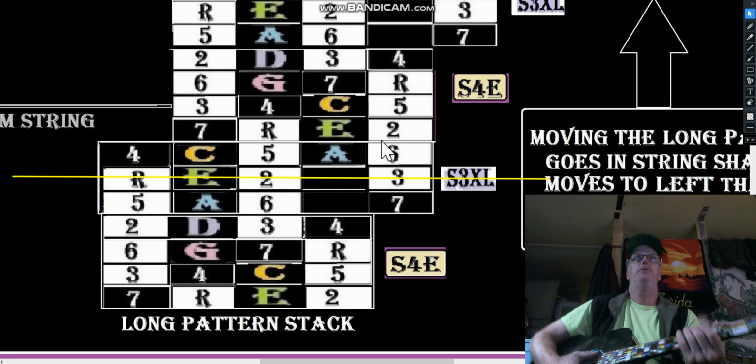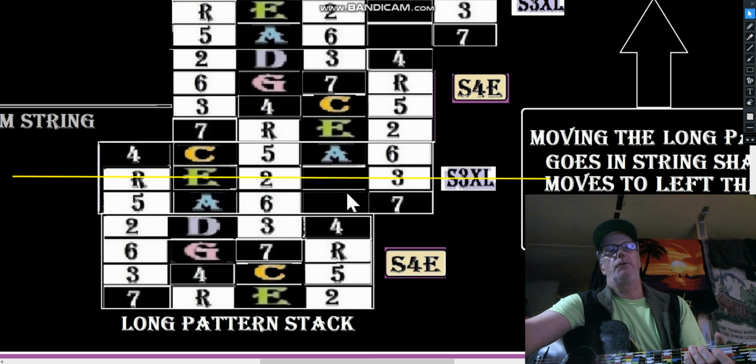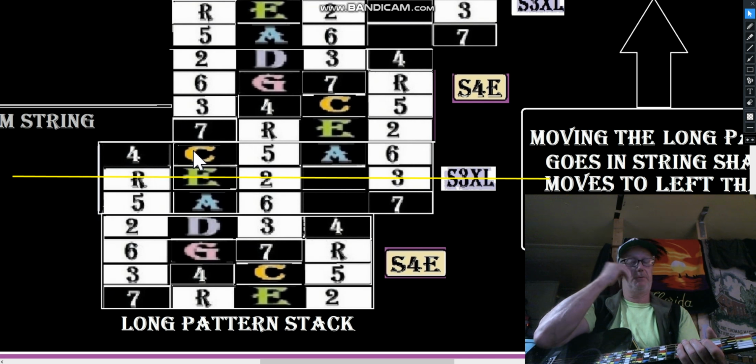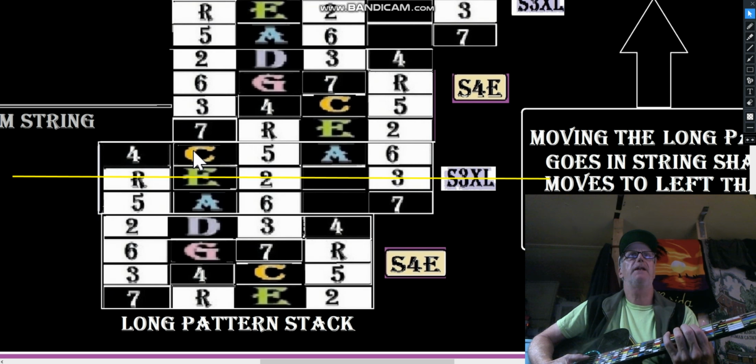So now moving the pattern up, essentially we're going down in strings, so we're going to the fourth of that C shape, and that was worrying me, that I wouldn't be able to play that fourth with that C shape there. Because really the long pattern looks a little different.